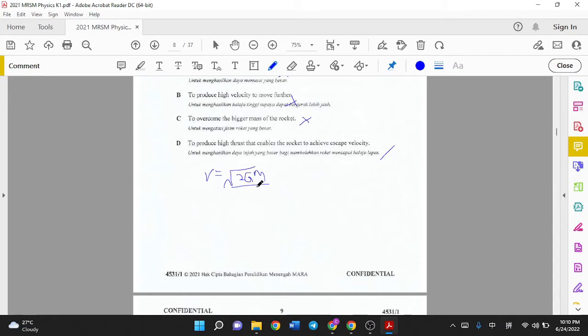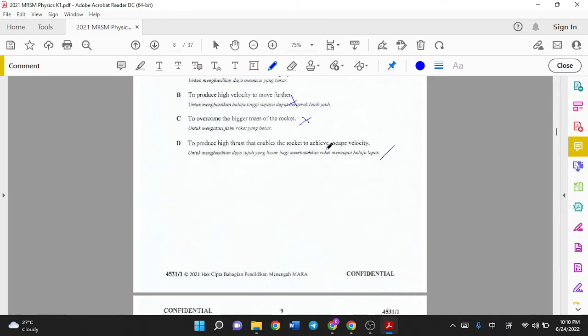For those who are not interested in how to derive the escape velocity, you can also skip this part because it is out of your syllabus. I am just showing it because some students may be curious and ask. So I will continue to show you how to derive it.